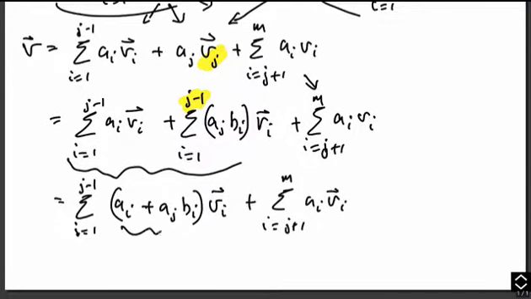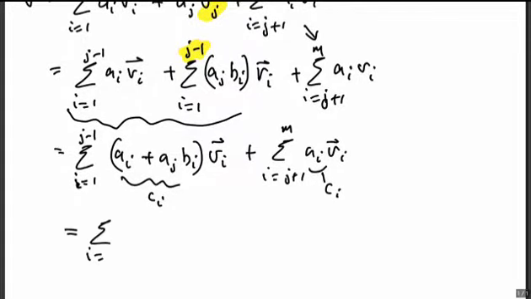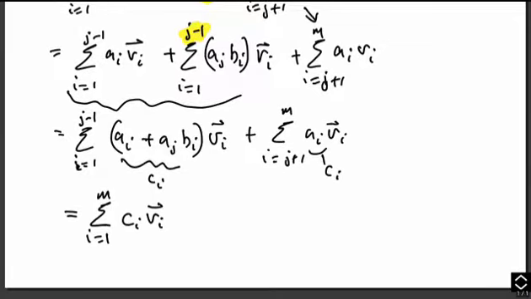Let me denote this with ci, and actually this one also ci. So we have all the vectors i going from 1 to j minus 1, and then from j plus 1 to m. So this is a sum of the form ci, vi, a linear combination going from 1 to m, except there is no jth term. So we have i is different from j.